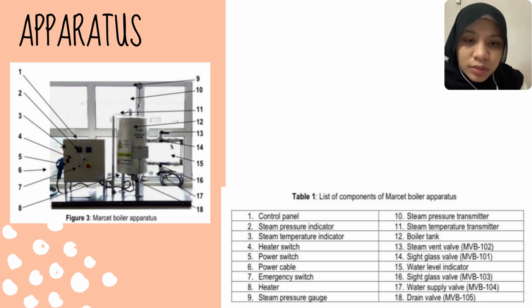Number 14 is the side glass valve which is MVB 101, and then number 15 is the water level indicator. Number 16 is the side glass valve MVB 103. Number 17 is the water supply valve MVB 104, and lastly number 18 is the drain valve which is MVB 105.